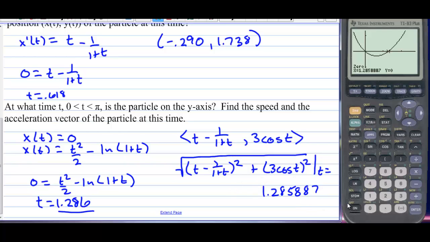Let's use a calculator for that, of course. We can quit out of this. We're taking the square root of x minus 1 divided by 1 plus x, and all of that squared, plus 3 cosine of x squared.